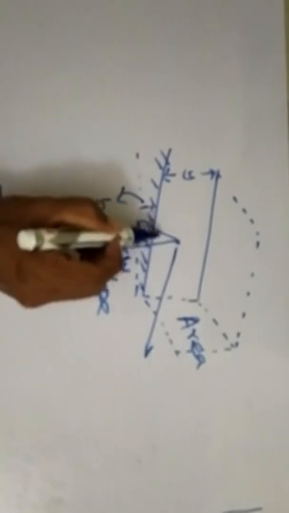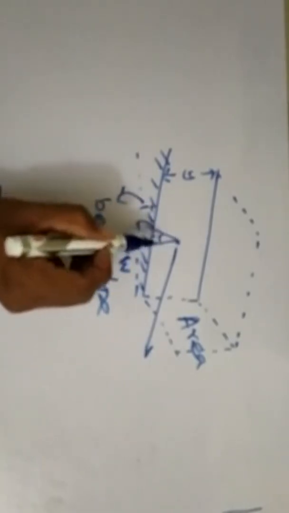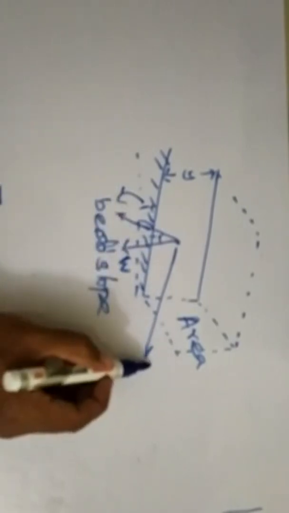If this is I, then the component parallel to the bed will be equal to W into sin I. Because of this W sin I only, flow is happening in open channel flows. If this W sin I value is equal to 0, then the flow in the open channel will not happen. So the force causing flow is W into sin I.